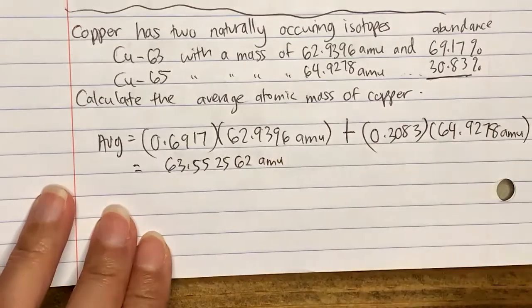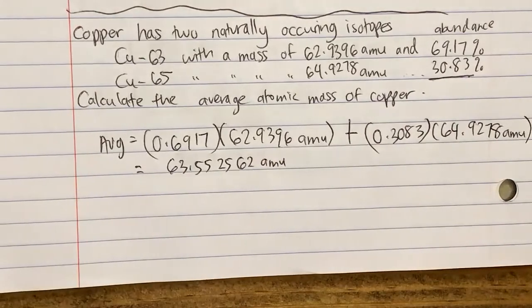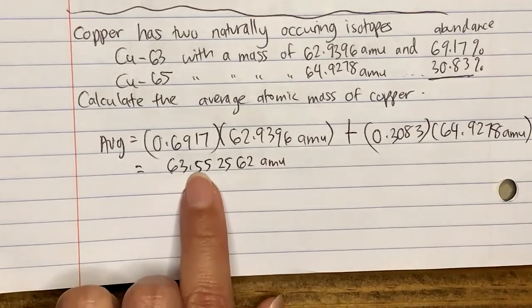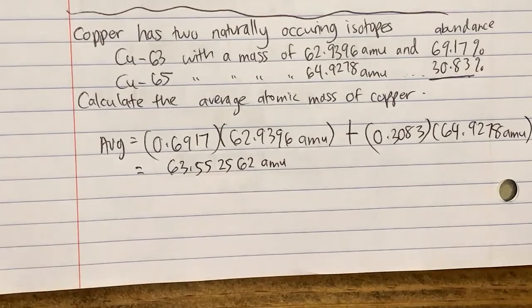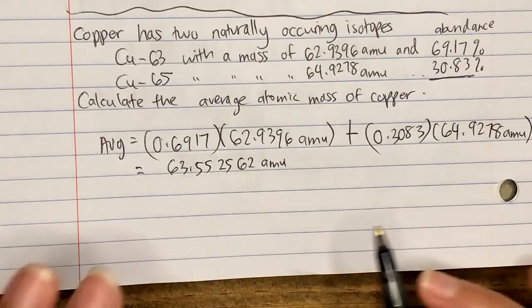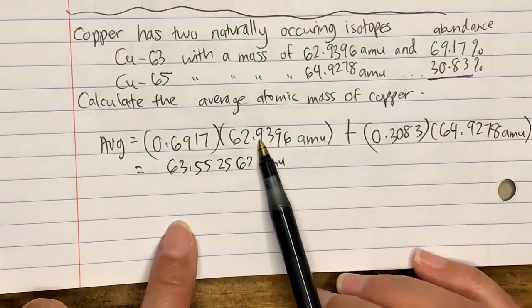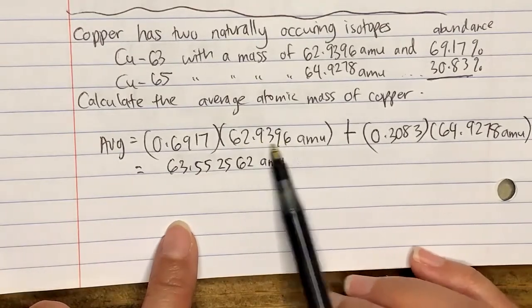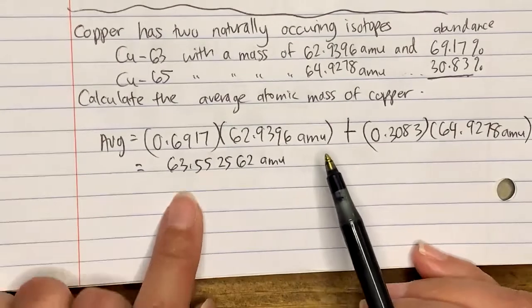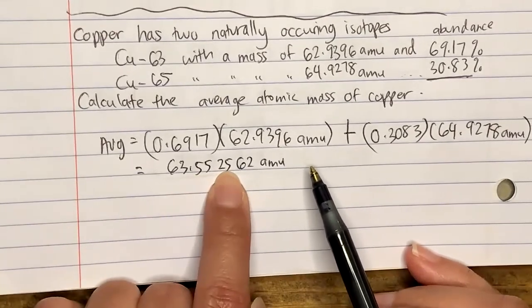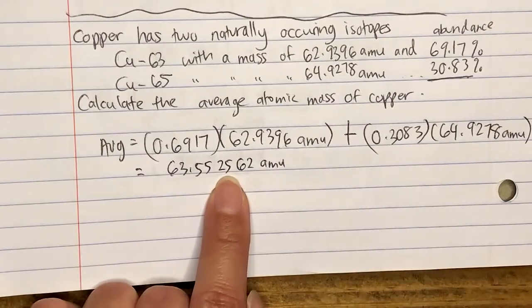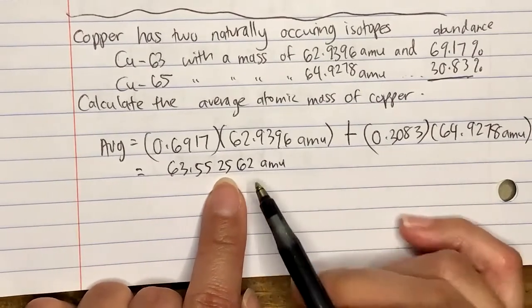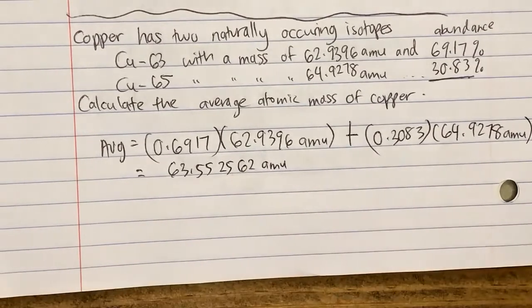So I don't like to round anything because sometimes on our test, they give you a lot of decimal places and you want to be able to get the closest number without rounding until the end step, okay? So in this case, the answer choices would match how many decimal places. They might give you an answer choice of 63.5526 AMU. Because in this case, you have to round up over there.